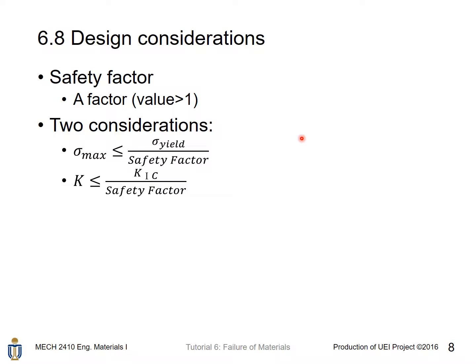In real life design, we have several design considerations. The first factor we need to consider is the safety factor, which is often a factor having a value larger than 1. And apart from the safety factor, there are 2 more considerations.